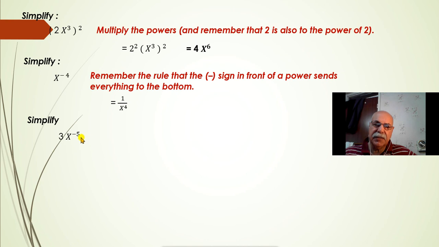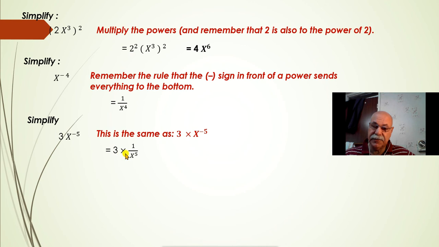Three x power minus 5. Here also this is the same as 3x to the power minus 4, meaning 3 times x to the power minus 4. That's why it becomes like this, and the power x goes to the bottom.